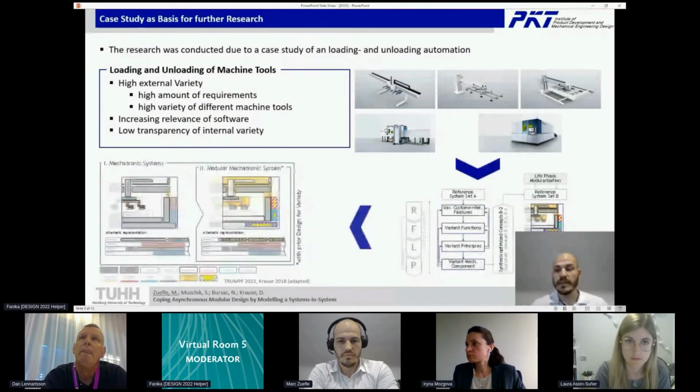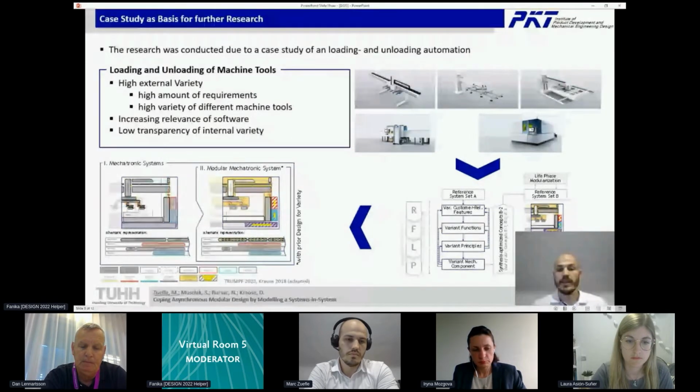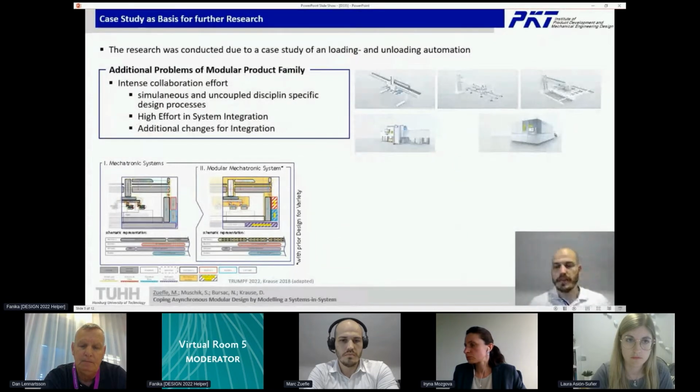But as a basis, this system was previously modularized by the Design for Variety method by Kipp and the life phase modularization by Blees. On the left side, you can see the result of this modularization. As a basis for this case study, we found out that despite the modular design, this system has additional problems of the modular product family, because there's an intense collaboration effort between these development disciplines.